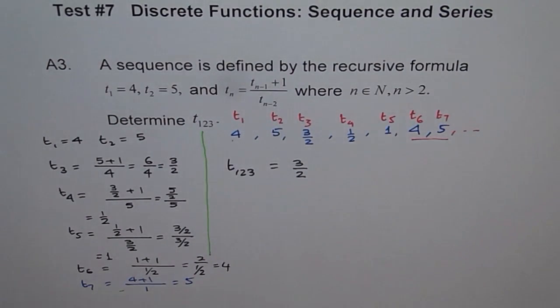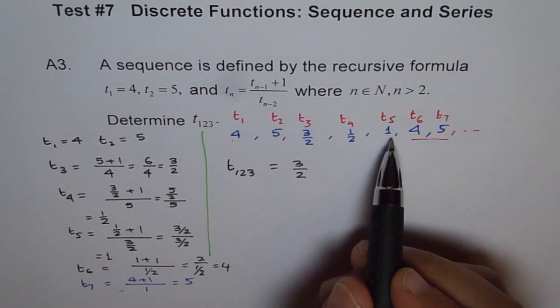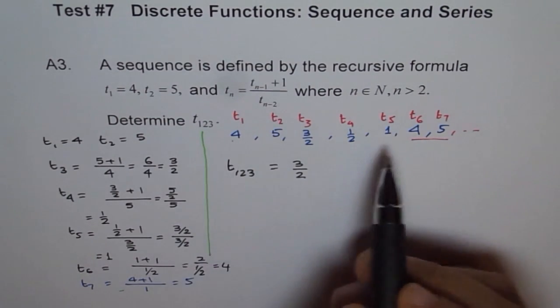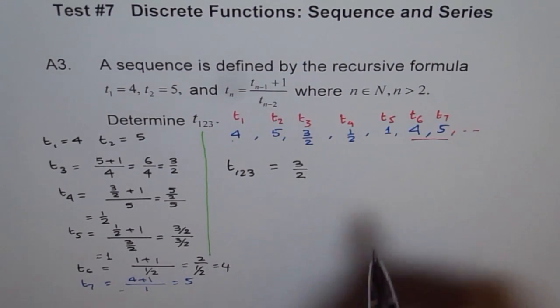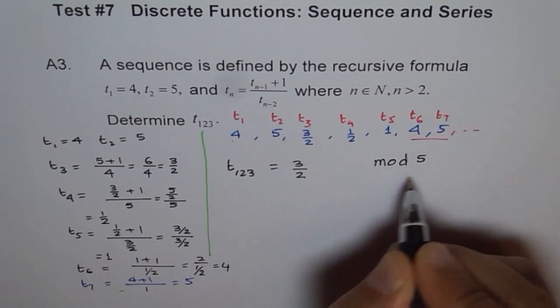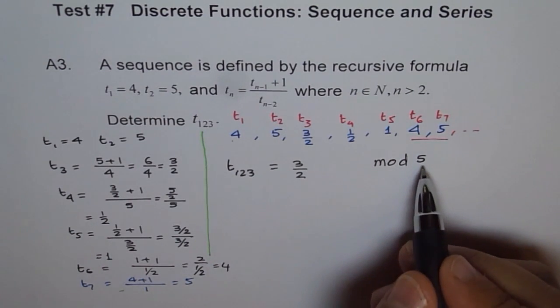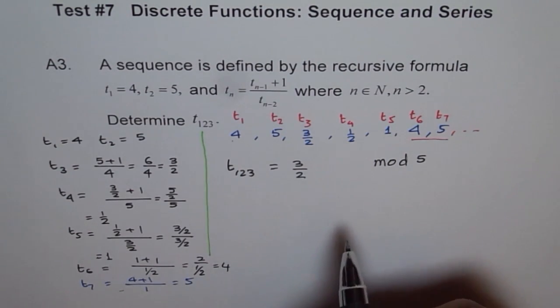I hope you understand the logic which we followed here. Every 5th term, after that it repeats, the 6th term is repeated. So we do have a function which is called the mod function. If we do mod of 5, that means we divide the term number by 5, and whatever the remainder is gives us the term number.